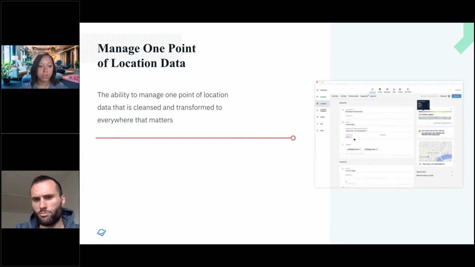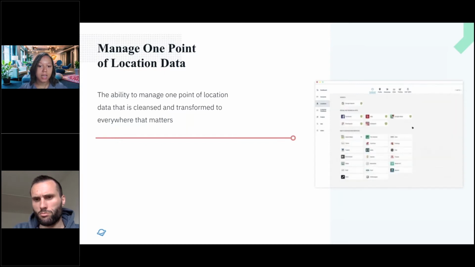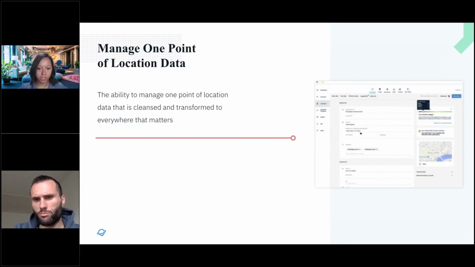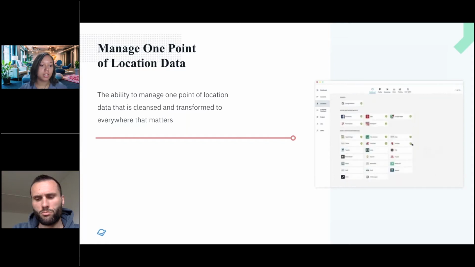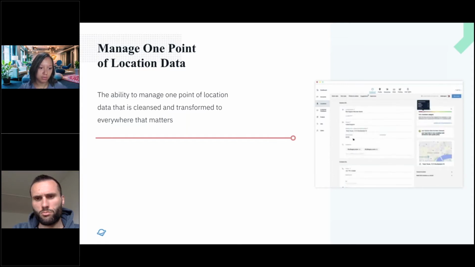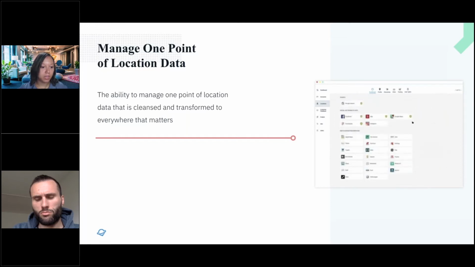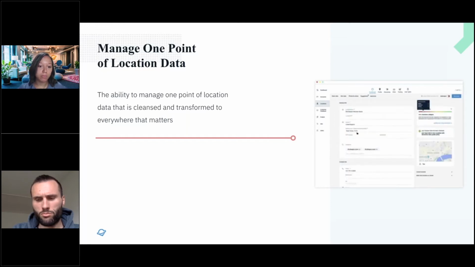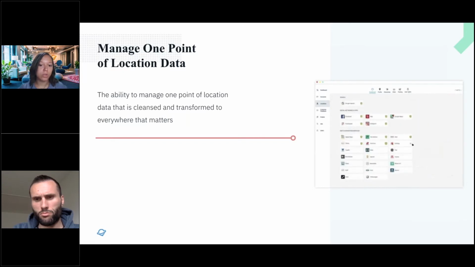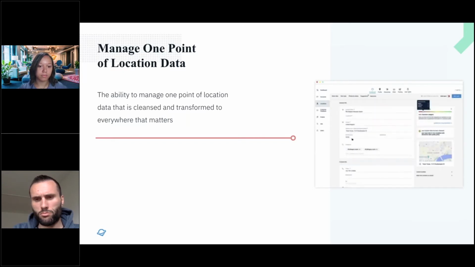So we've got a multi-step data cleansing process that not only is reformatting your location data to ensure that it's accurate, that the format is how Google Maps prefers and how Apple Maps prefers and Foursquare, but also making sure that it's positioned correctly from a category standpoint, that it's mapping correctly to all of these. And what we see as the output is that these are getting published quickly, they're getting indexed, they're ranking, and they're competing at a much quicker pace than if you were to manage each of these manually.